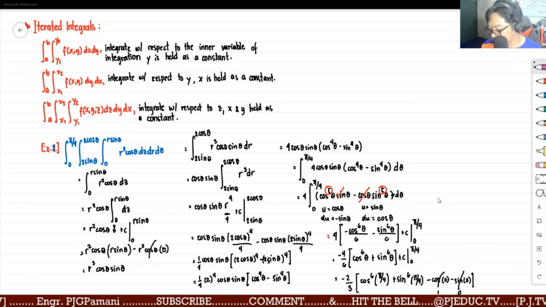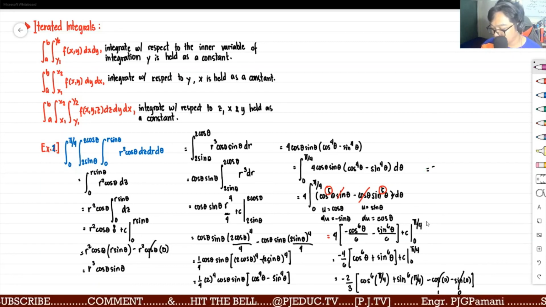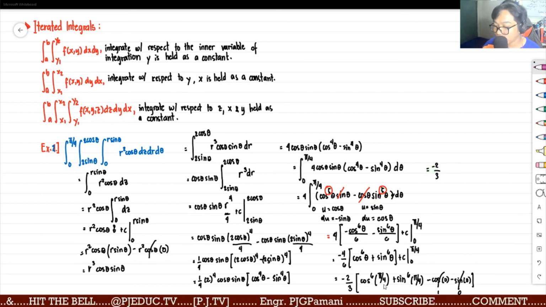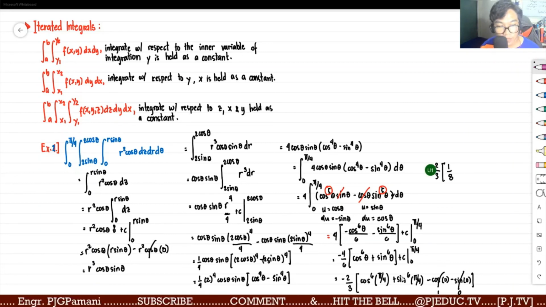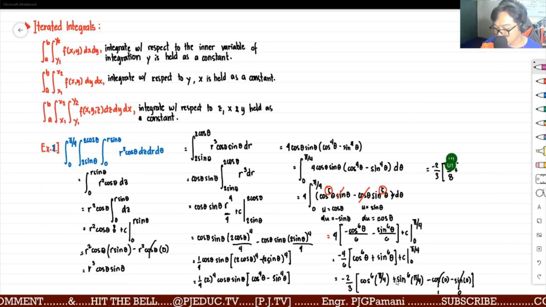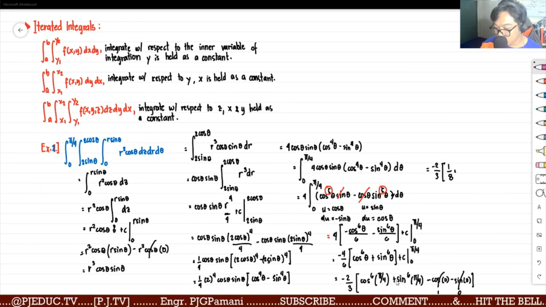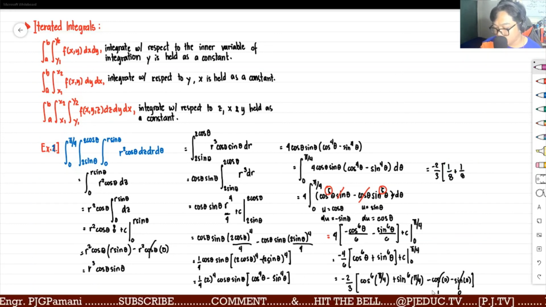And lastly, negative 2/3 times cosine of pi over 4 raised to 6, which is simply 1/8. And sine of pi over 4 raised to 6, same as cosine, is positive 1/8. Then cosine of 0 is positive 1.